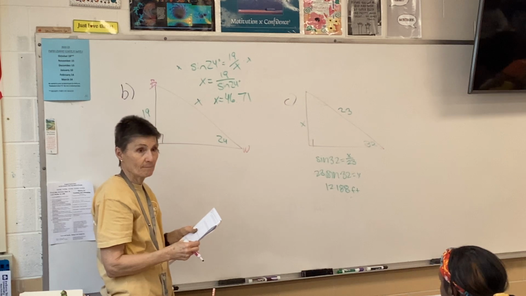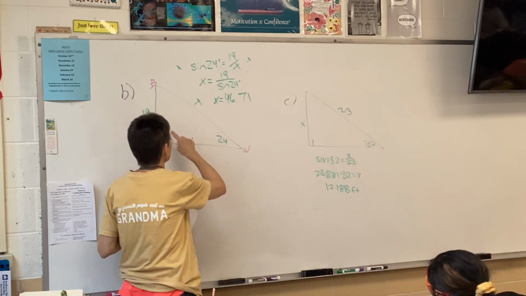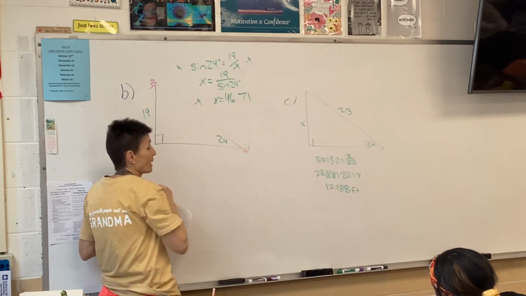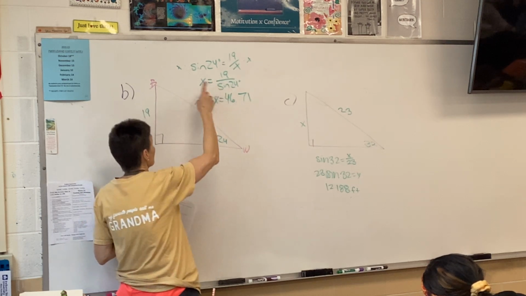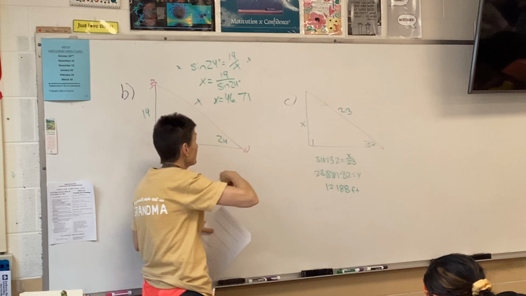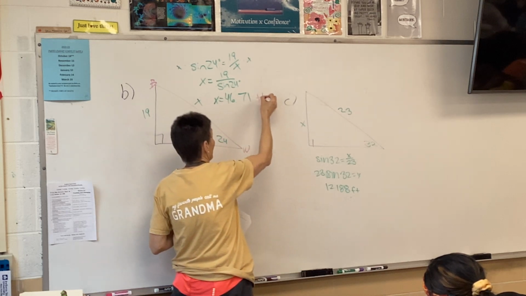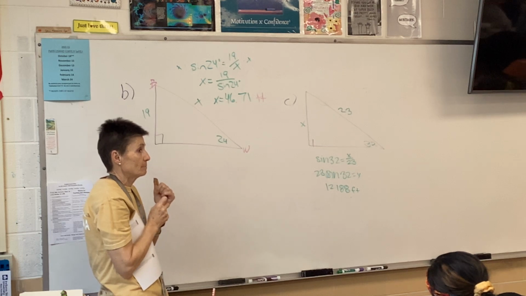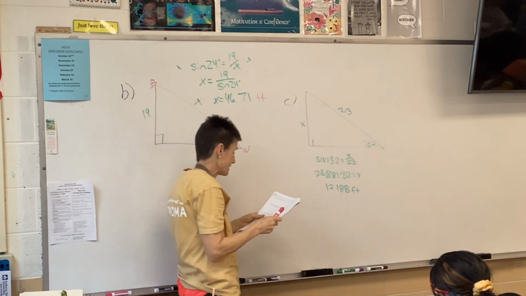I think he's right. So he said, I'm going to use sine. Sine 24 equals 19 over X. He times by X divided by sine 24. He got 46.71 feet. Anybody else get that? Perfect. All right, C.